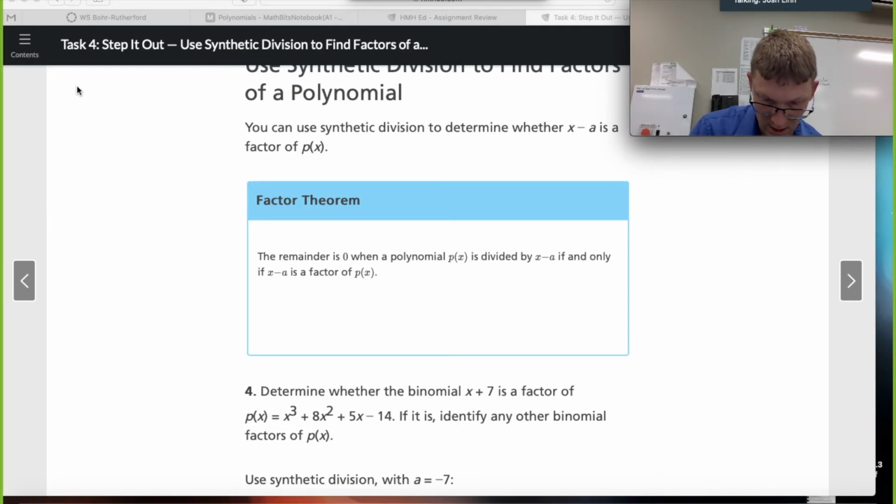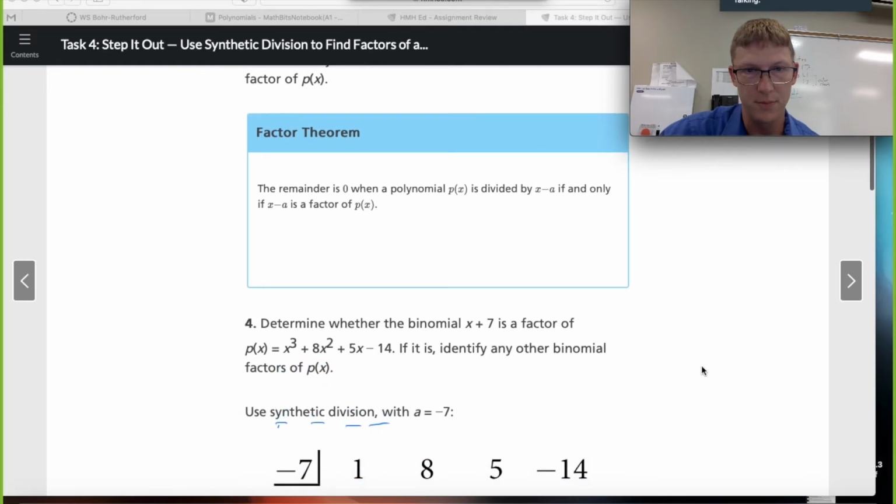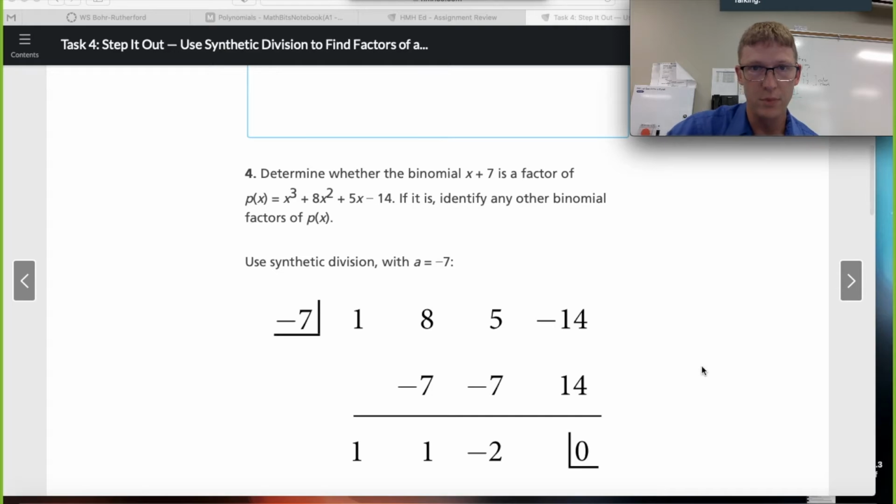And then we just go through. We've got a 1, 8, 5, and negative 14. So here we go. Here's our negative 7, and we have our 1, 8, 5, and negative 14. So the 1 comes down. 1 times negative 7 is negative 7.